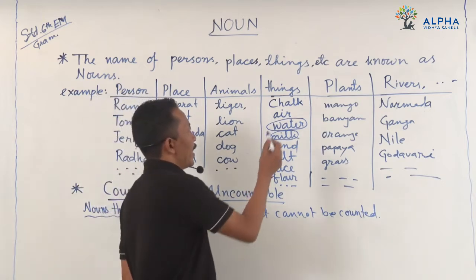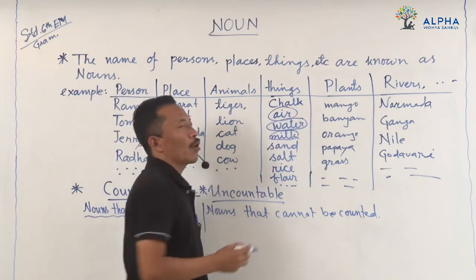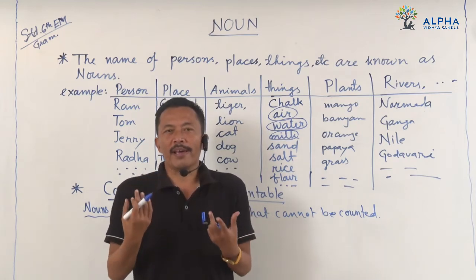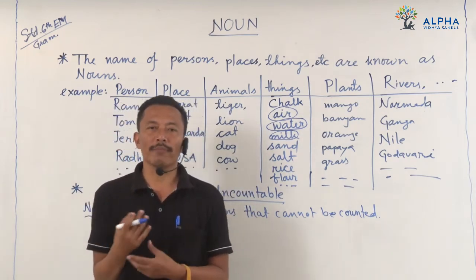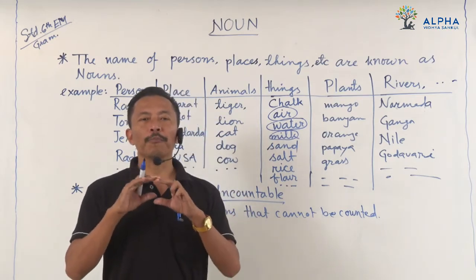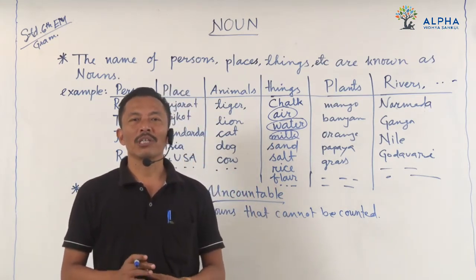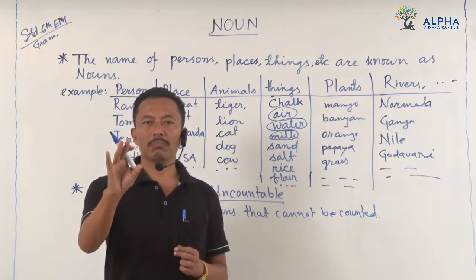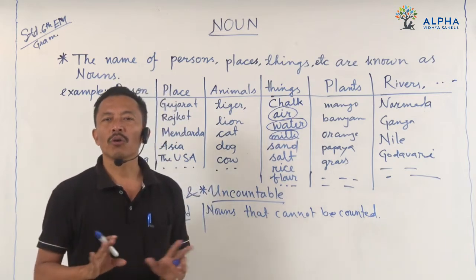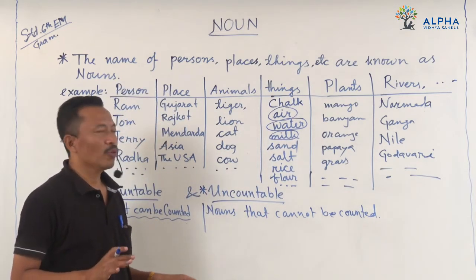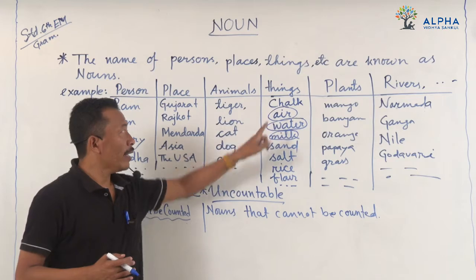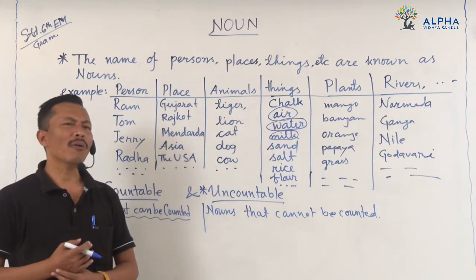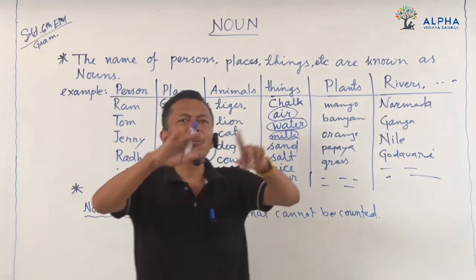The next is air. We breathe in and out air. Without air we cannot live. Not only we, all the beings in the world, in this cosmos, cannot live without air. You learn that from your science subject. Air cannot be counted. How can you count? How many airs in this room?